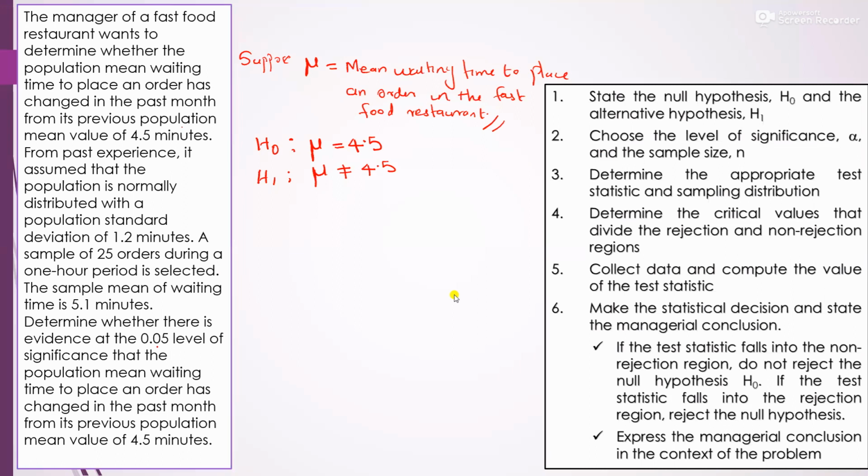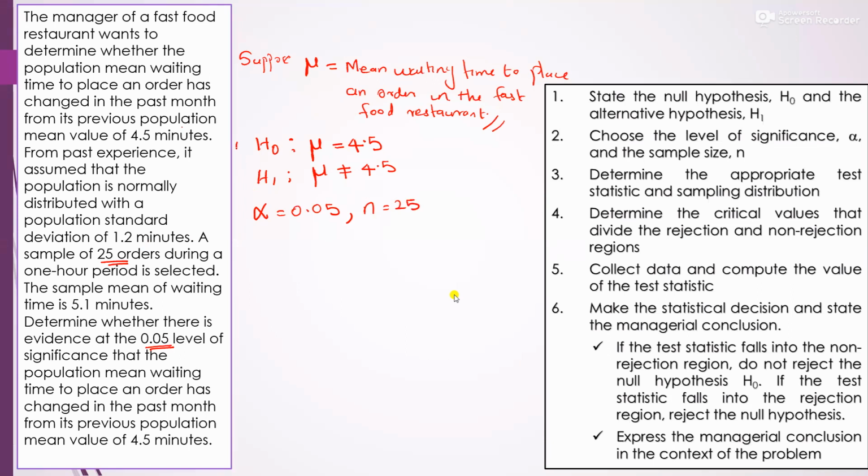Here they say to determine whether there is evidence at the 0.05 level of significance. The level of significance is usually denoted by alpha. Alpha is equal to 0.05. And what is your sample size here? They took 25 orders. So n equals 25.